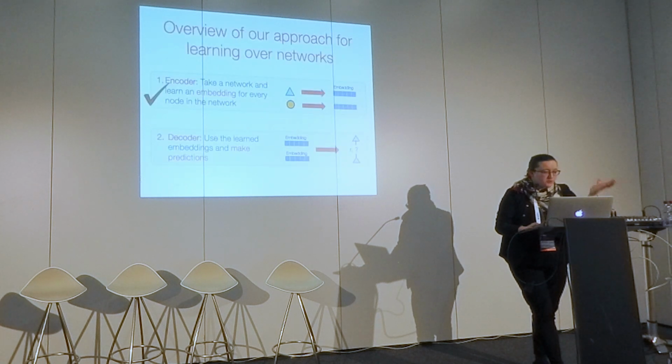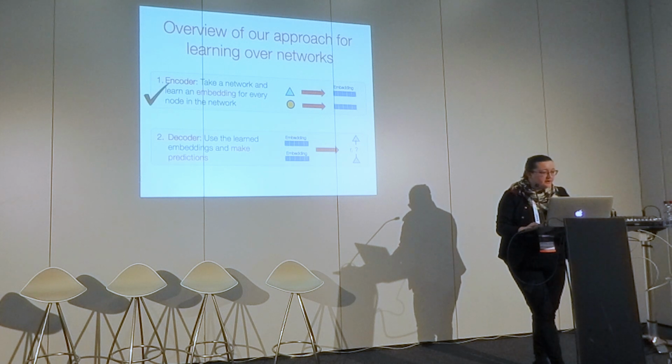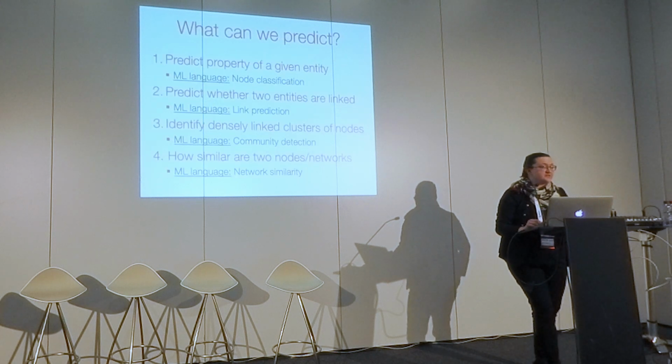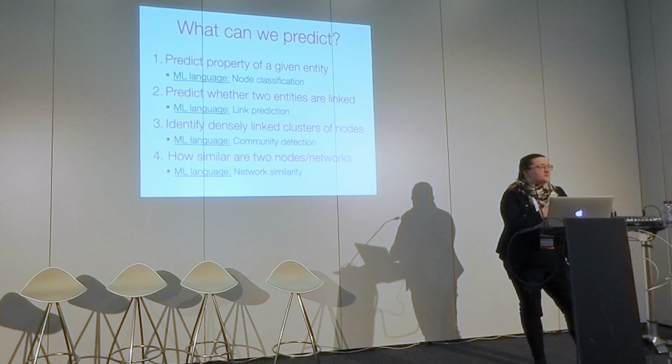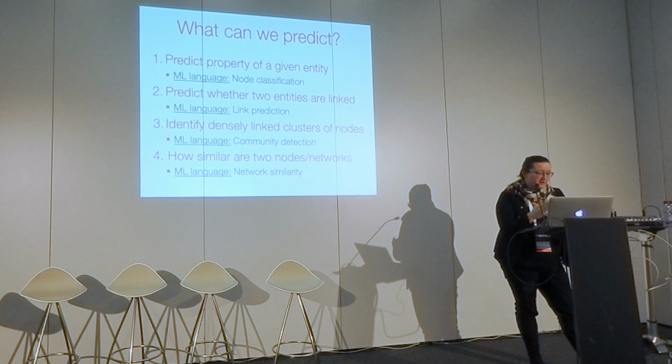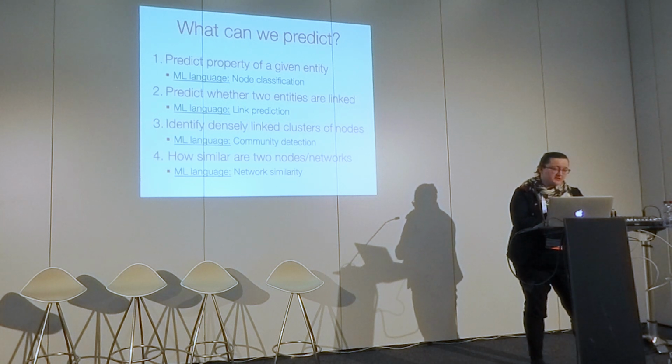Without going into details, when we learn such mapping function f that can generate embedding for every node in the network, then we use those embeddings that we have learned to make predictions. So what kind of predictions can we actually make? There are different kinds of predictions we can make. I'm just highlighting here four conceptually very different types of predictions.